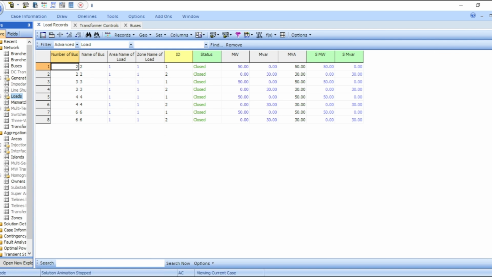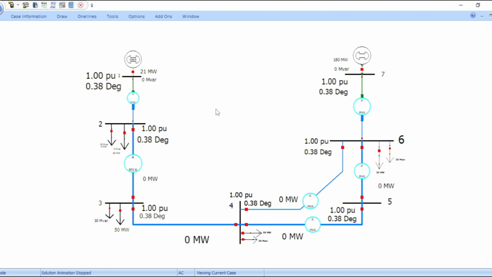So let's run our simulator and see what will happen.